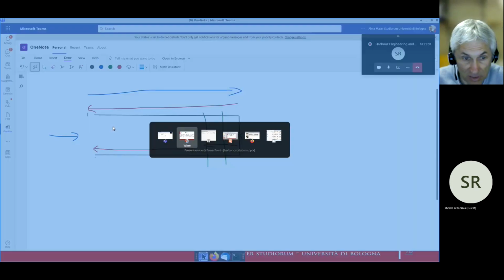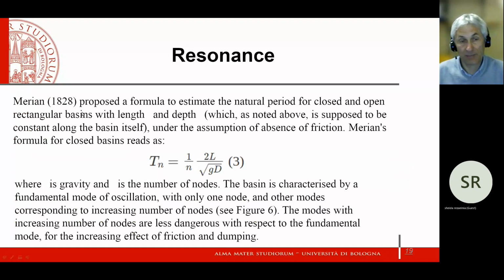So let's go back to the presentation. In fact, already in 1828, Marian proposed a formula to estimate the natural period for closed and open rectangular basins.